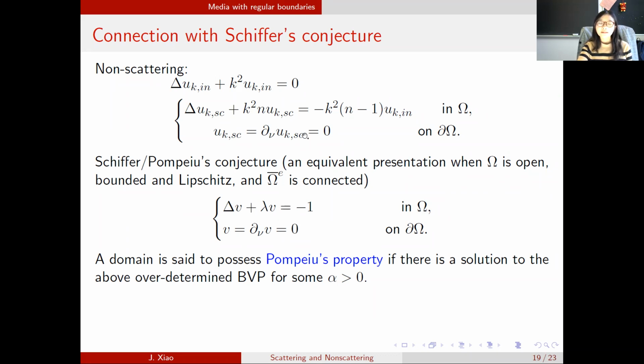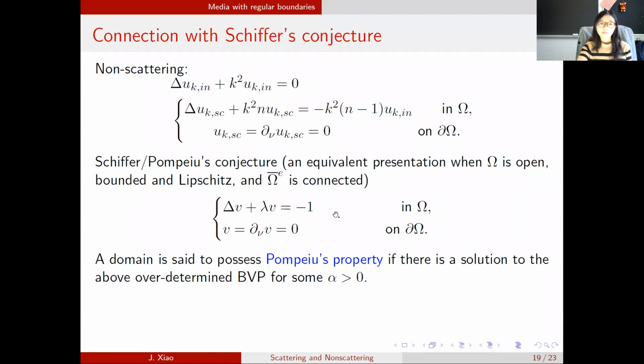So we can see that the connection is that instead of -1 on the right-hand side, we have this function, and this U^in is an entire solution of the Helmholtz equation. Pompeiu's conjecture has been proven to be equivalent to Schiffer's conjecture, but Pompeiu's conjecture is more about integrals, more about geometry.